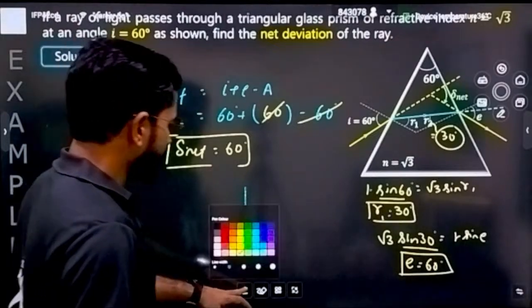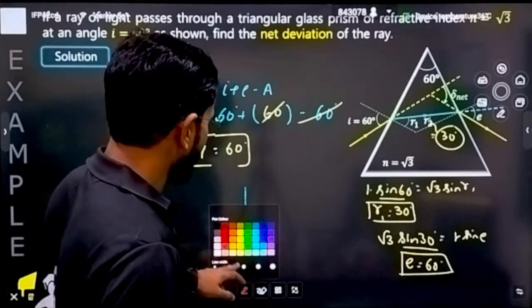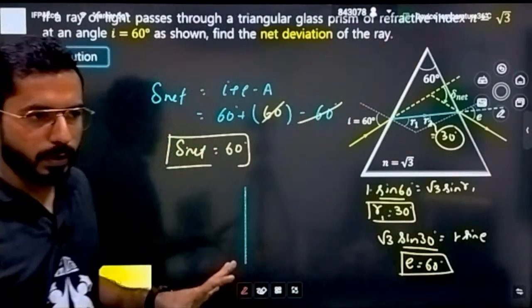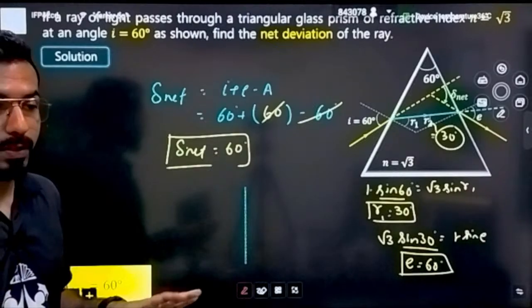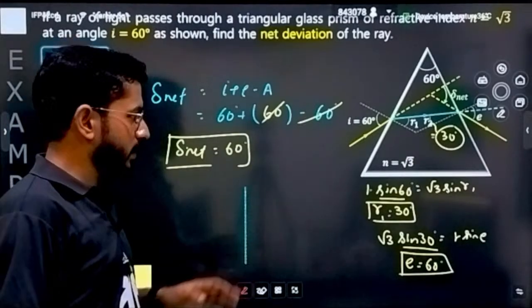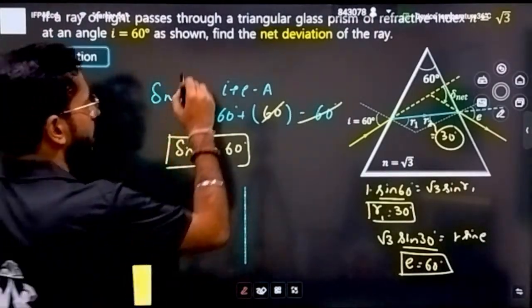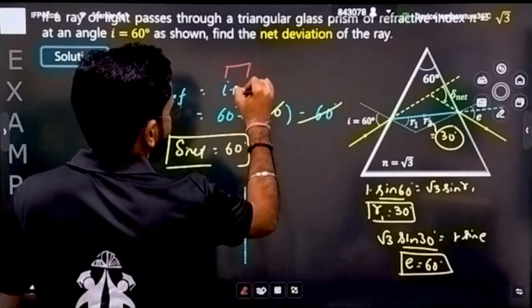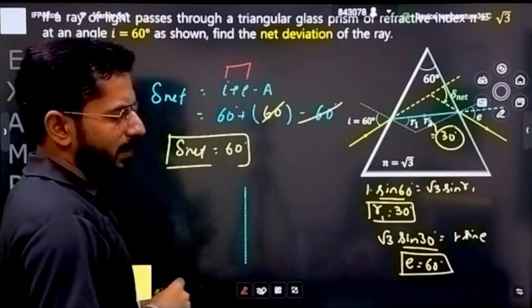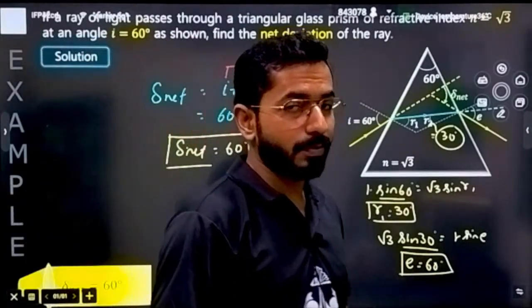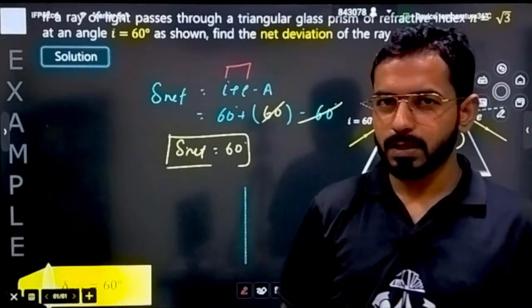One more very important thing to be noticed, because after some time I am going into complete depth about it, since it is a fundamental, most important requirement. If I exchange this I and E, is anything going to change? Is the net deviation going to change? Yes or no?